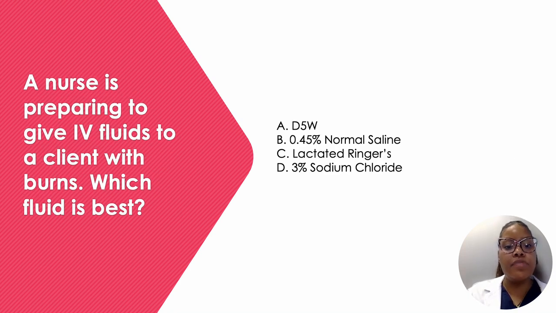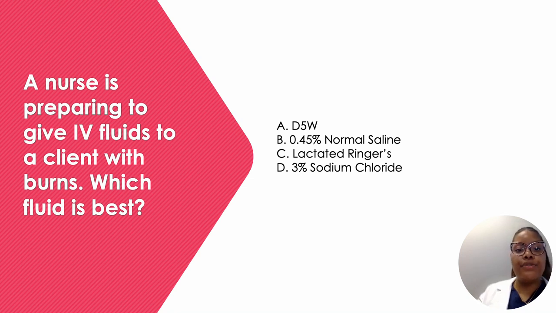The question says, a nurse is preparing to give IV fluids to a client with burns. Which fluid is best? Is it A, D5W, B, 0.45 normal saline, C, lactated Ringer's, or D, 3% sodium chloride?